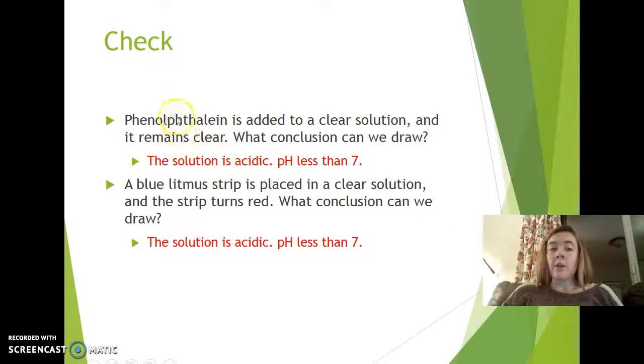In our first one, we've added phenolphthalein to a clear solution and it's still clear. That should be an indication that the solution is acidic because phenolphthalein will remain clear in an acidic solution. For the second one, a blue litmus paper is placed in a clear solution and the strip turns red. The solution is acidic here as well. Remember, blue to red is acid.